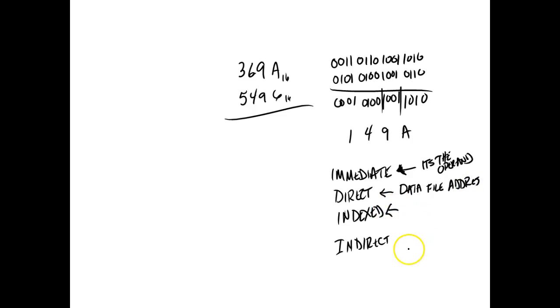How do you identify index addressing? Hashtag followed by a data file, and then an offset, right? And indirect addressing.